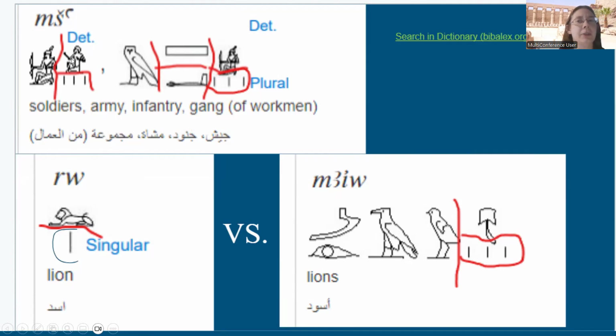And then at the end of the word, you have the determinative, which is a seated man. That determinative is one of the clues that you might be dealing with an occupation or a type of job, because it's a person. And then you finally have the plural strokes.